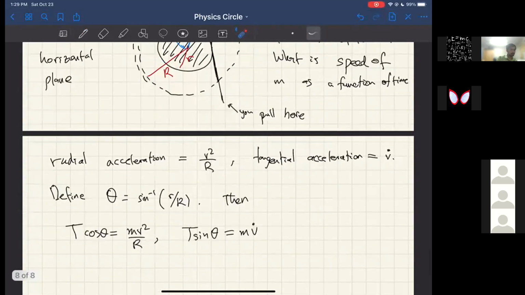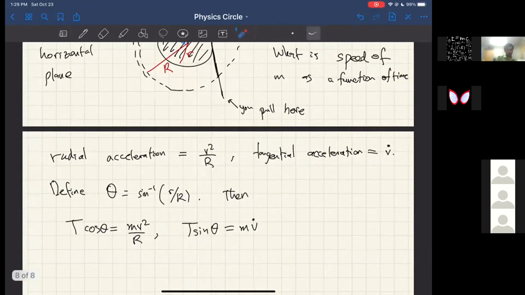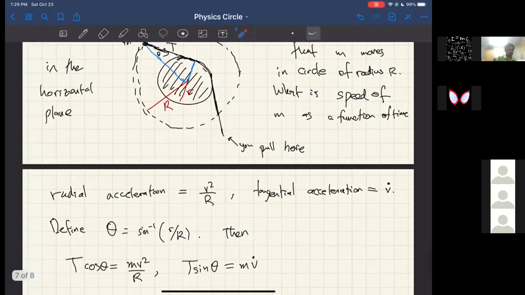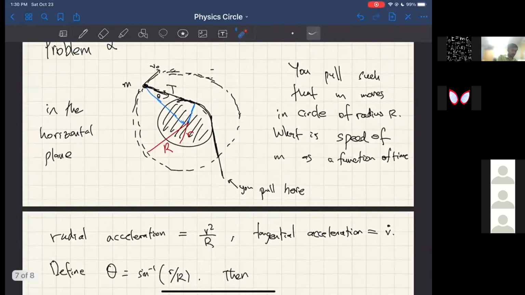All right, so the right angle is right here. This is the triangle.